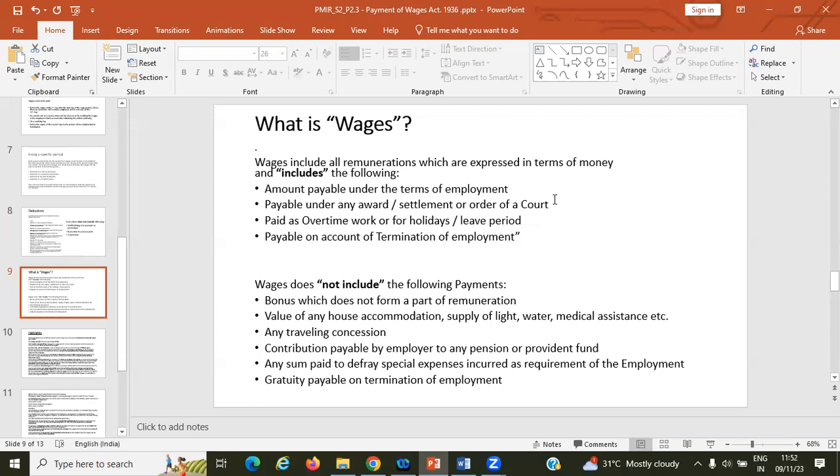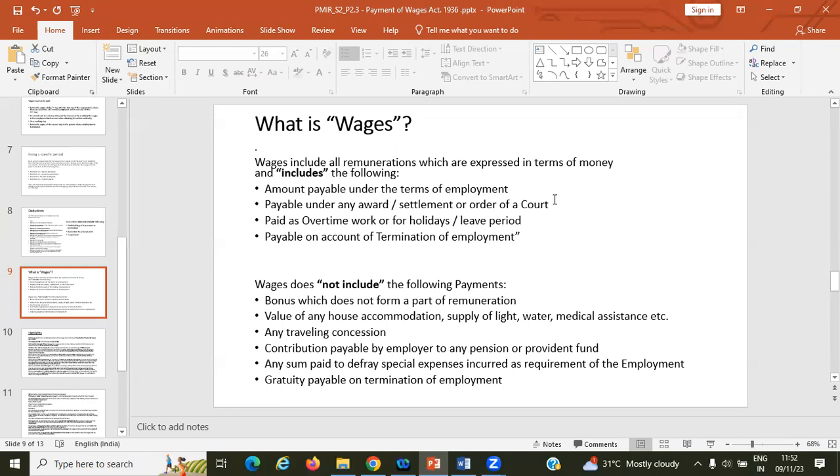We discussed that in a different slide. Any kind of overtime, holiday payment, or extra work like shift work, that kind of payment is also wage, as is payment on account of termination of employment. When you are asking a person to leave, when you are separating a person, you are giving some lump sum amount. That amount is also wage. We discussed that.